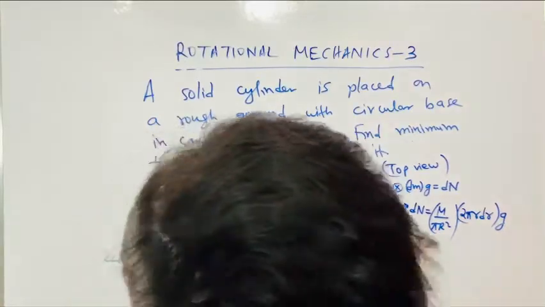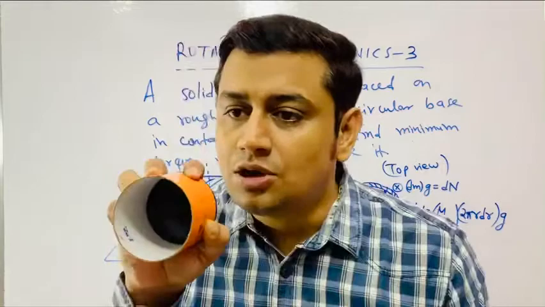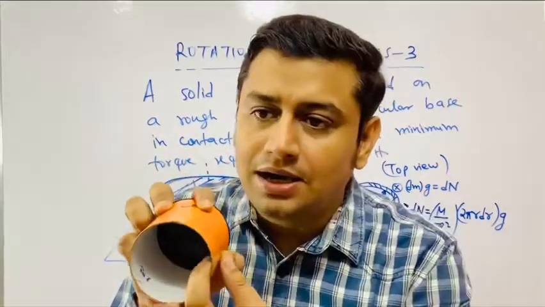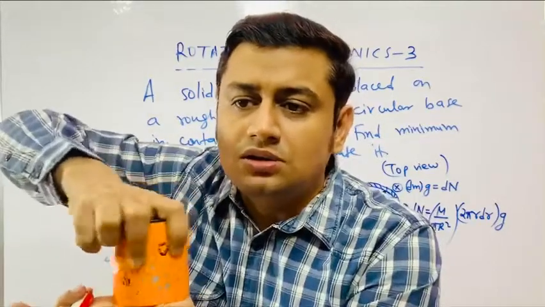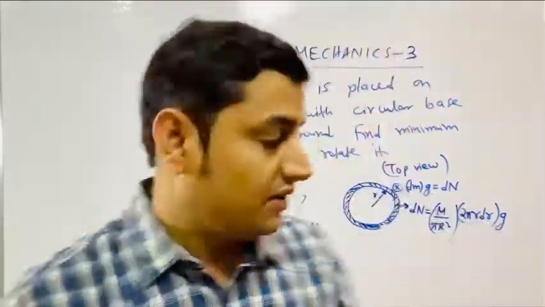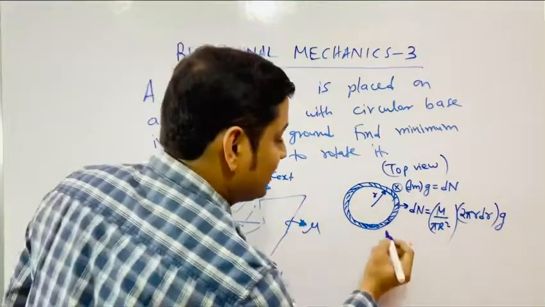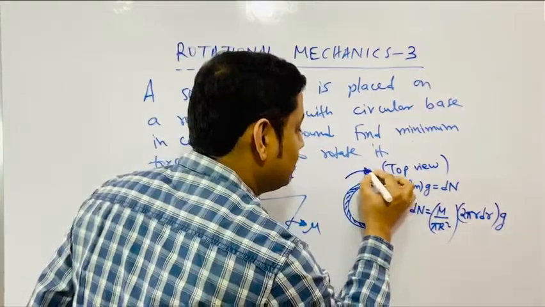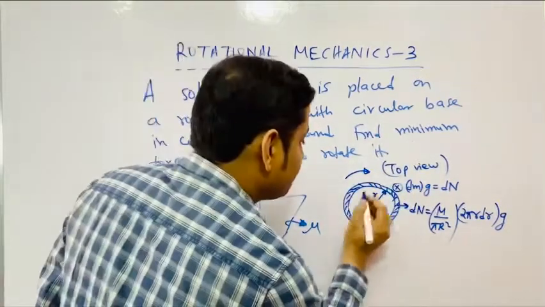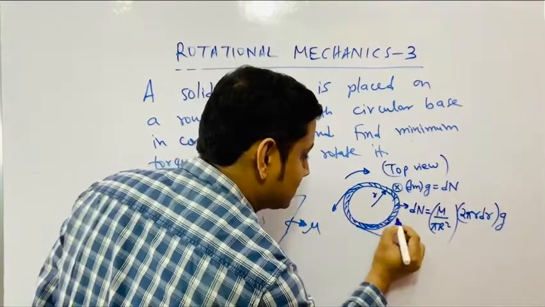Understand? This is a solid cylinder, but this is a hollow cylinder. Between r and r plus dr, this is distance r and this thickness is dr, very small. On this, there is a certain frictional force. What is the frictional force acting here? In the limiting case, because you are trying to rotate it like this, the frictional force must be acting like this.